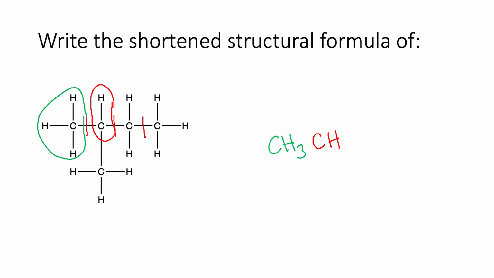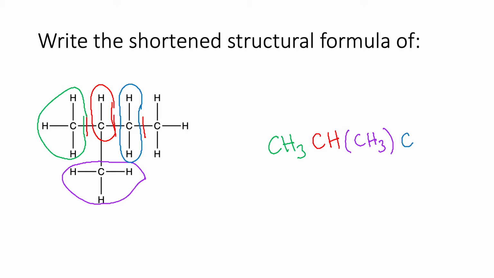Now let's consider our branch. Remember, branches are placed in brackets after the carbon they are attached to. So we have a CH3 group, and we'll put that in brackets. Let's move on to our next carbon. This one is CH2. And finally, our end carbon is CH3.